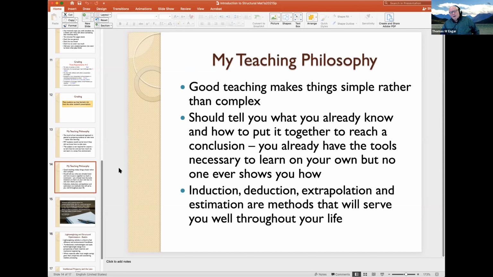And in fact, I try to tell you what you already know and how to put it together to reach a conclusion. I believe you already got the tools necessary to learn on your own, but very few people actually show you how. And induction, deduction, extrapolation, and estimation are methods that serve you well throughout your life.